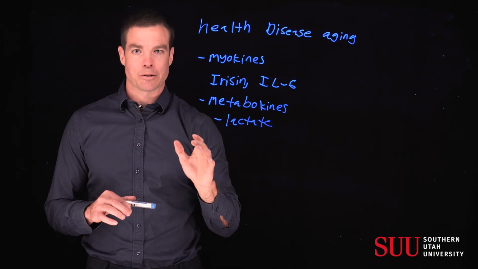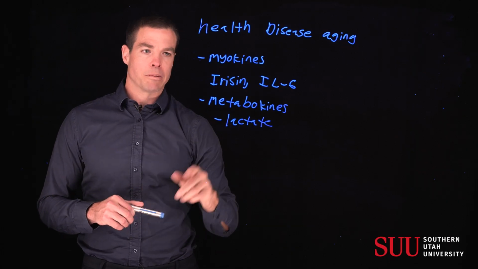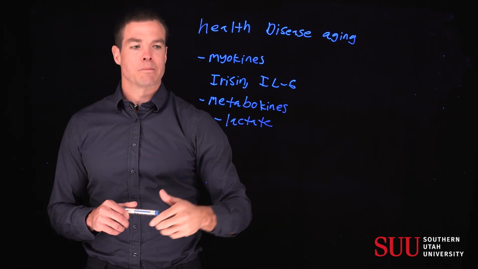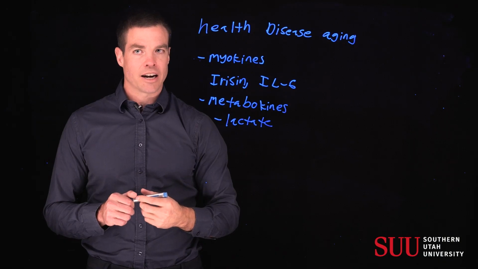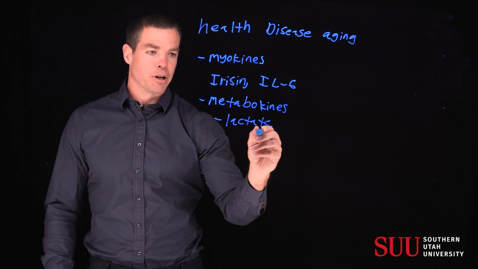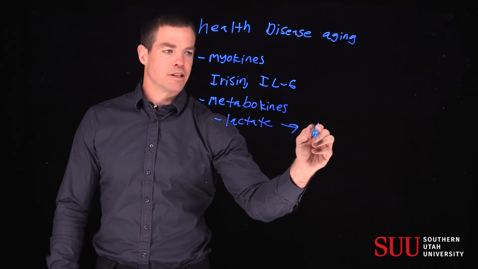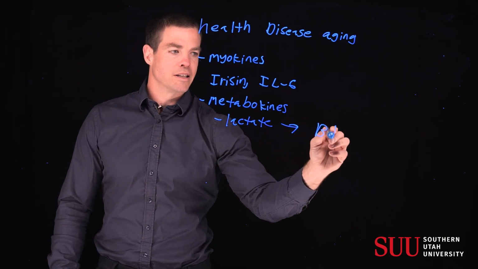If anything, it has the opposite effect, so we'll talk about it in bioenergetics in a future module. But lactate is really, really important because it's a great energy source for the brain, for example, and other tissues like the heart. But one of the things it can do is lactate can actually increase this molecule called BDNF.